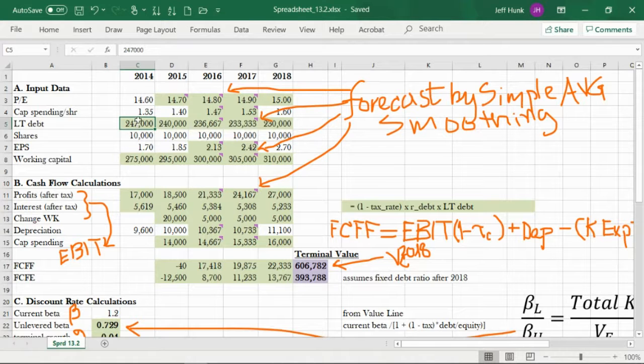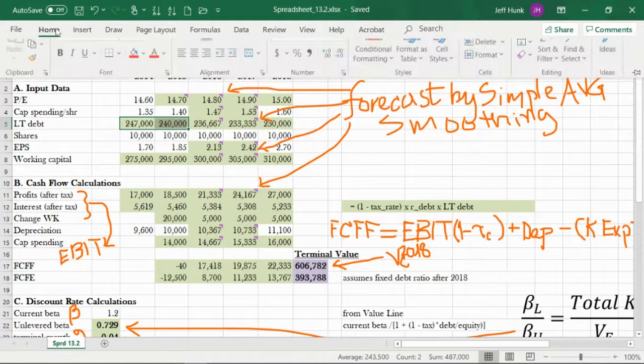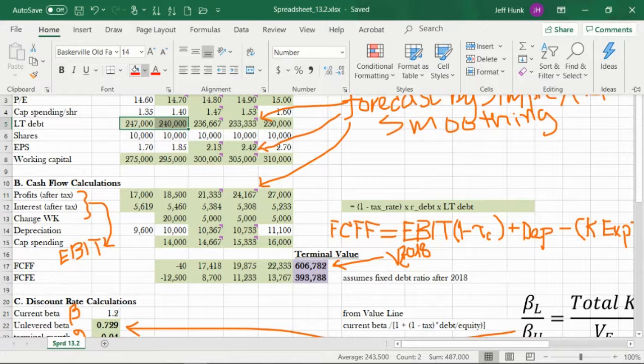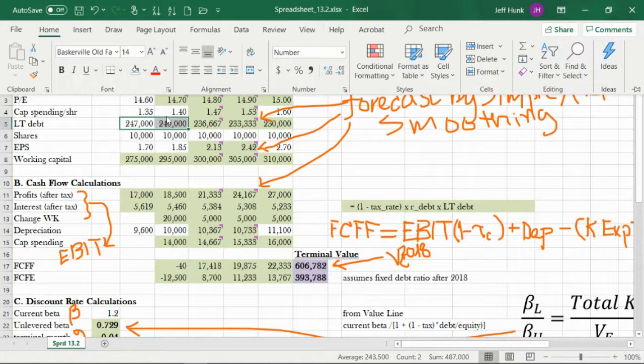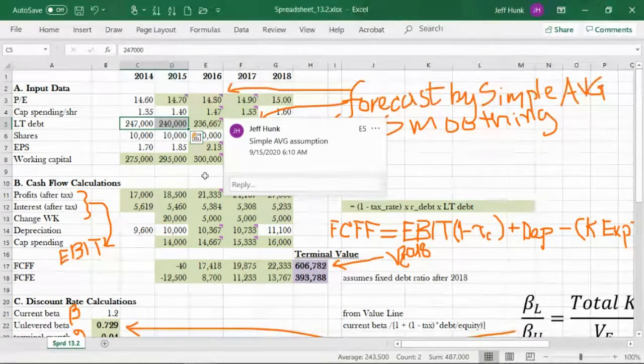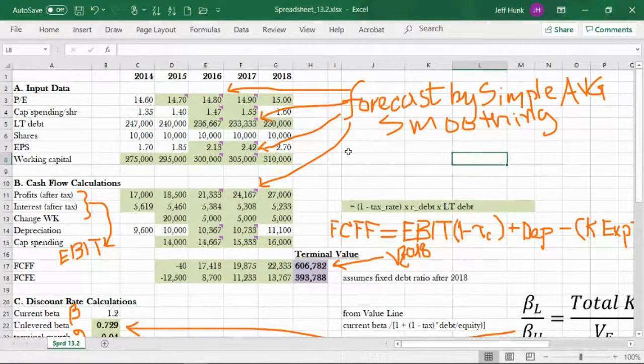And then, okay, these two, I don't know why I highlighted them, but there's no need for any highlight because they were already given, right? Everything that is highlighted was not given. They were actually forecast.